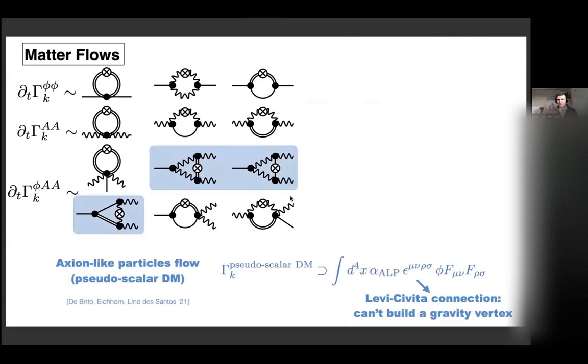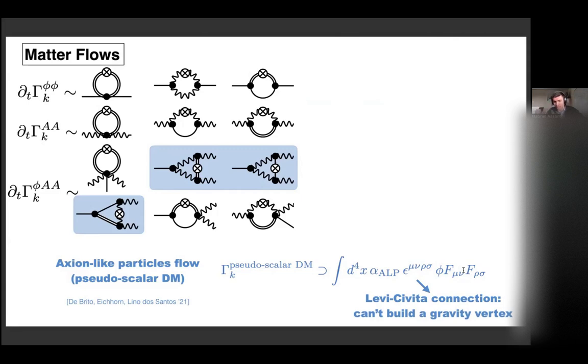So first, before studying this flow, I want to take a step back and mention that we will compare our results to a previous paper, which in 2021 considered a very similar truncation with axion-like particles, so pseudoscalars instead of scalar dark matter. This pseudoscalar dark matter truncation is written this way, where there's a crucial difference to our truncation.